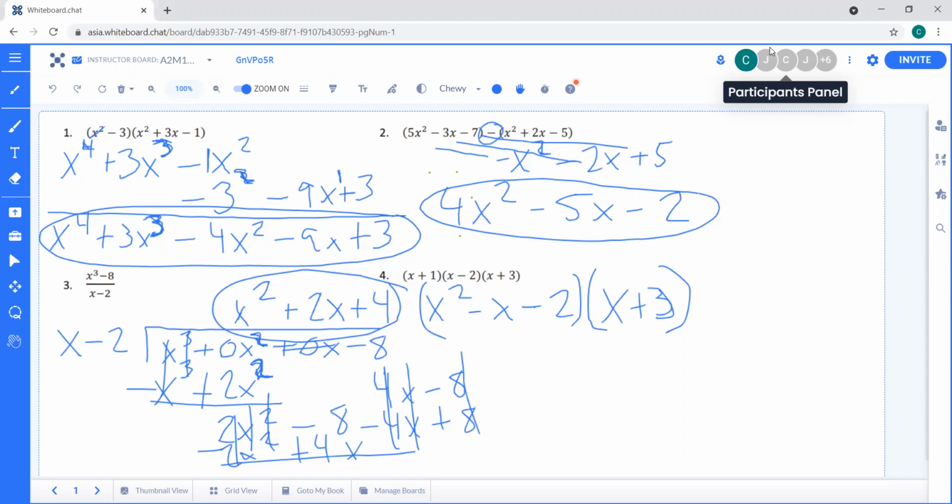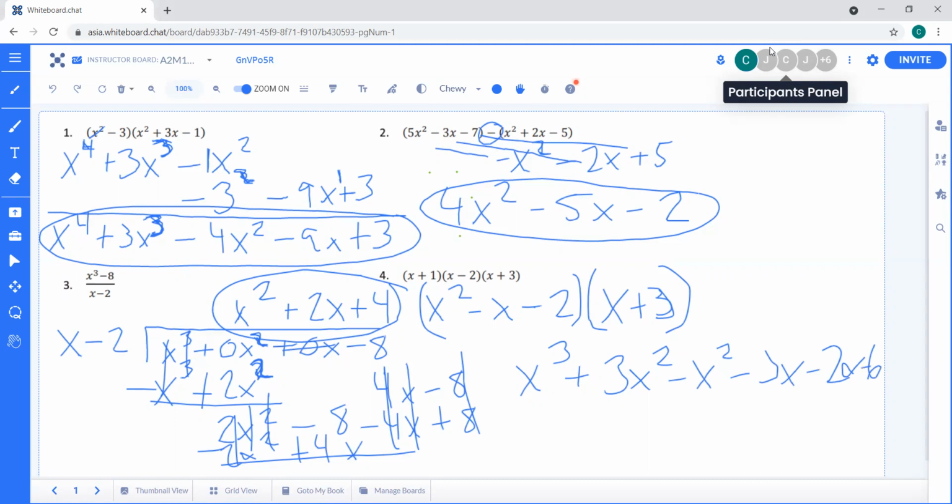So we're going to multiply x squared times x, and that leaves us with x cubed. x squared times 3 is a positive 3x squared. Negative x times x is negative x squared. Negative x times 3 is negative 3x. Negative 2 times x, negative 2x. Negative 2 times 3 is negative 6.